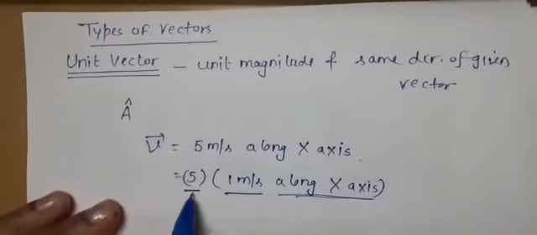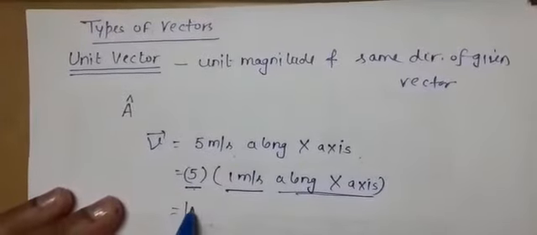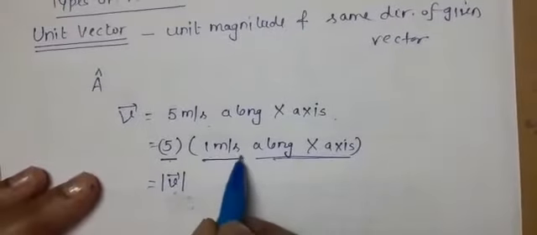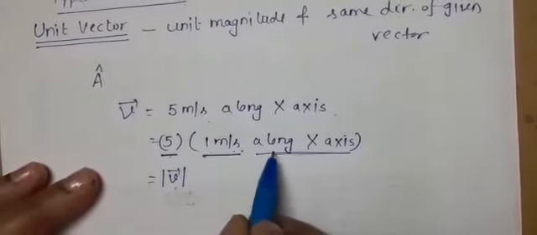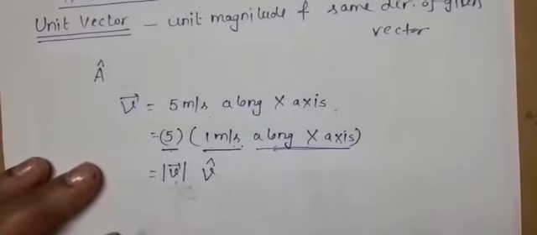That means this magnitude of velocity can be represented by this one, and 1 meter per second, a unit vector along the x-axis, is represented by this.